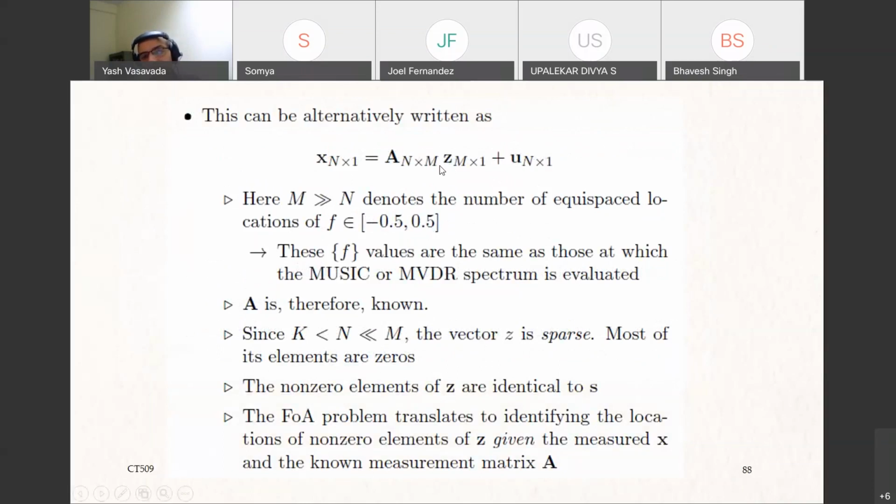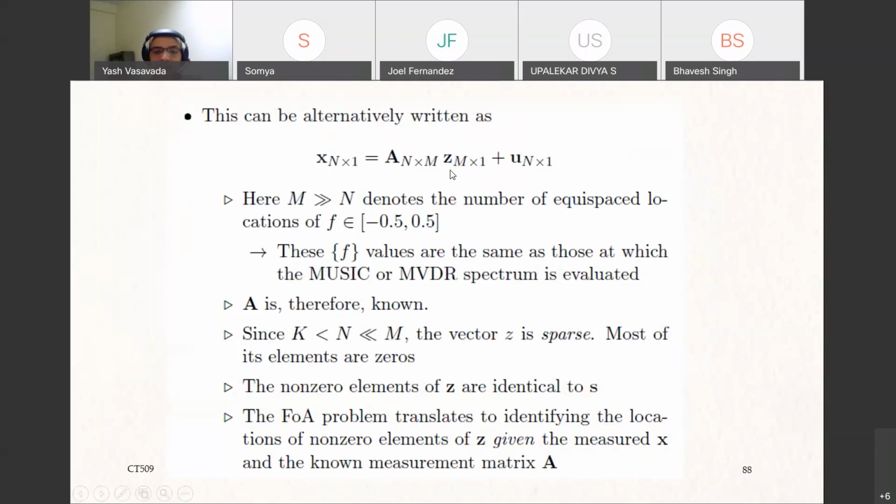In this method, this S vector has been replaced by this vector Z, and the dimensions have to be necessarily m cross 1, where m is again some very large value compared to n. The idea is to say that this Z vector is mostly 0, and only a few locations in this Z vector are non-zero.